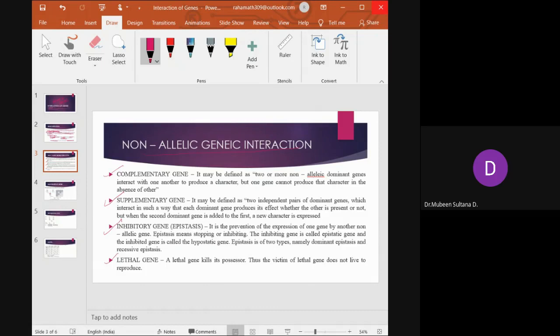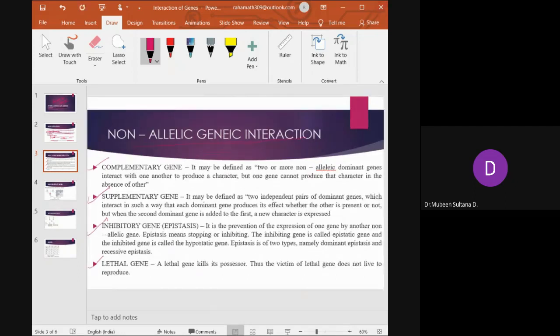Now, what is complementary gene interaction? It is defined as two or more non-allelic dominant genes interacting with each other to produce a character.